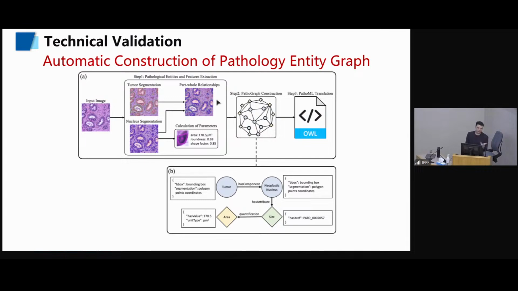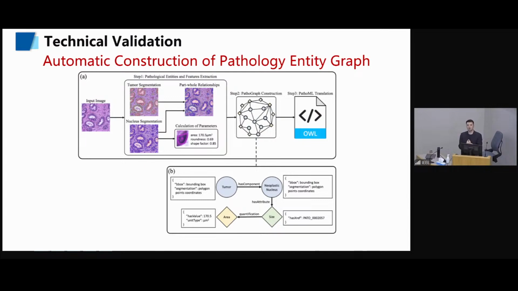Because the input starts from the image, and we extract the information from the image, and we store and organize that information in a predefined pathograph structure. We develop some code that puts this information in that node, that information in that node, and develops an edge in between.